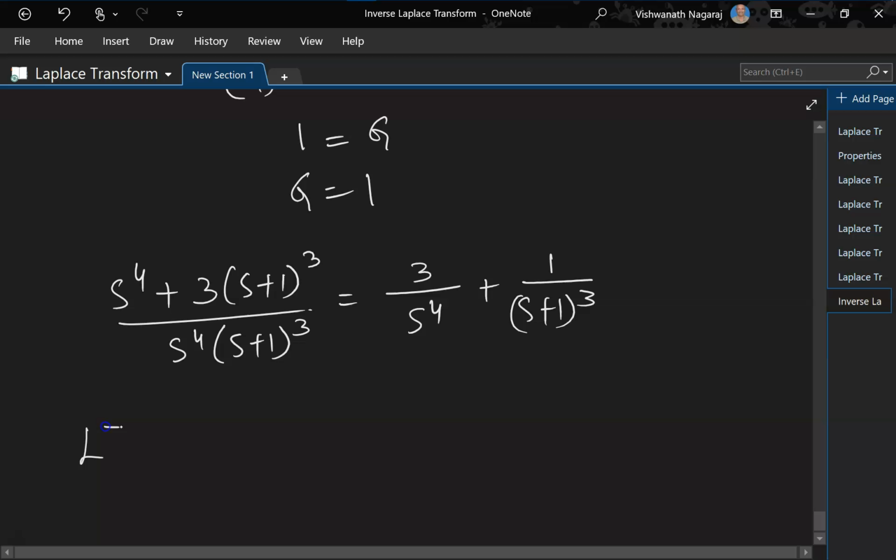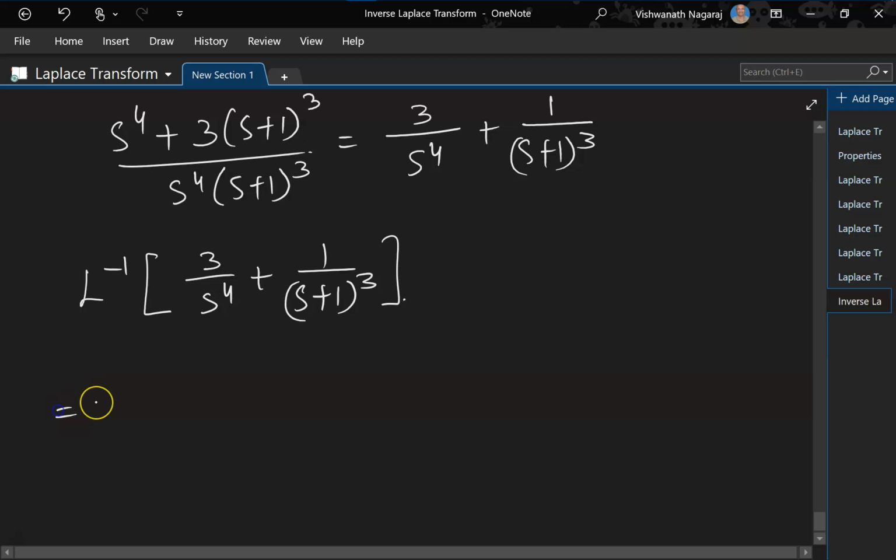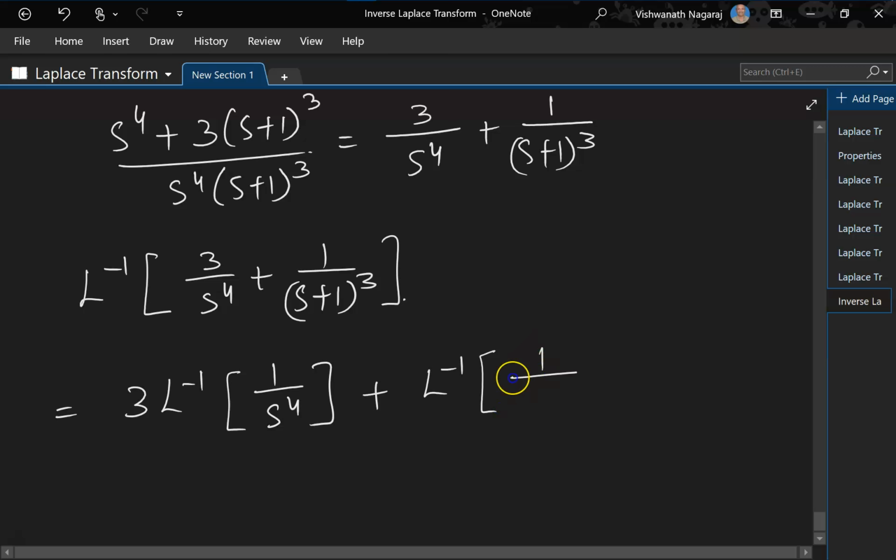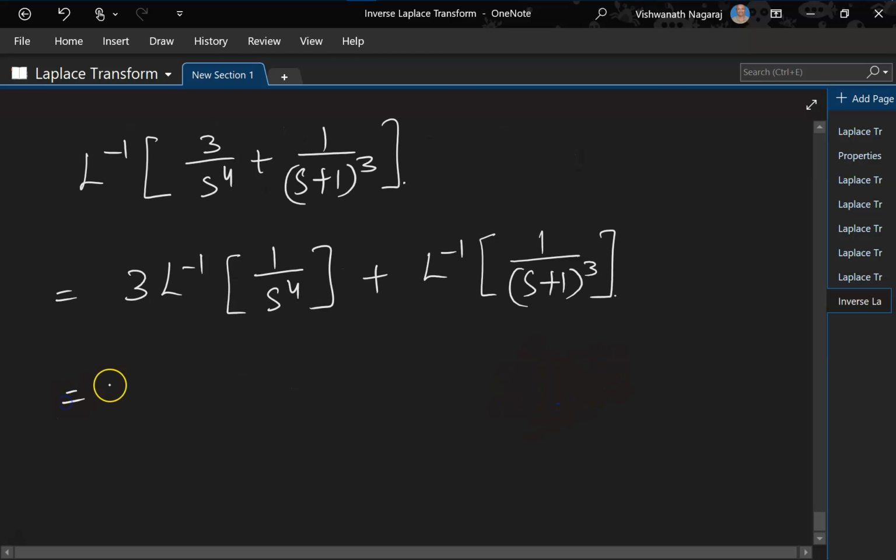And we have to figure out the Laplace inverse transform of 3 by s to the power of 4 plus 1 by (s + 1) cube. Now this we can split into two parts. We can say inverse Laplace of 3, we can take it out, so we end up with 1 by s^4, plus Laplace inverse of 1 by (s + 1) cube.